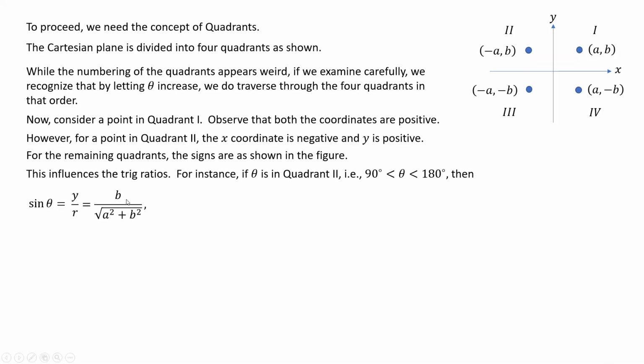So we have b over square root of a square plus b square. Now b is positive, square root of a square plus b square is positive, so this whole thing is positive.